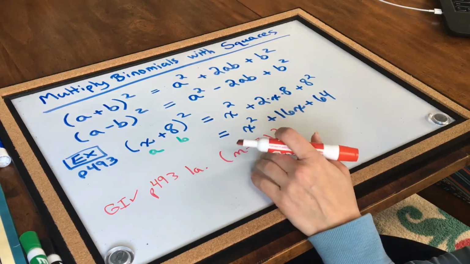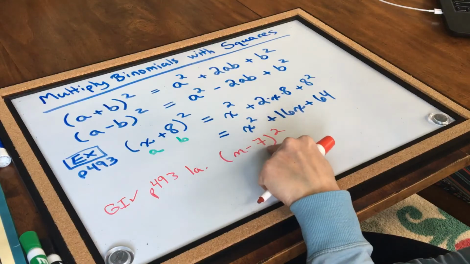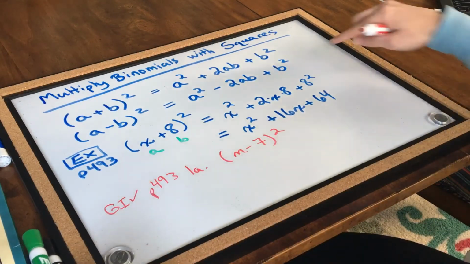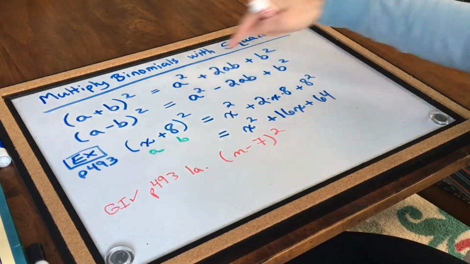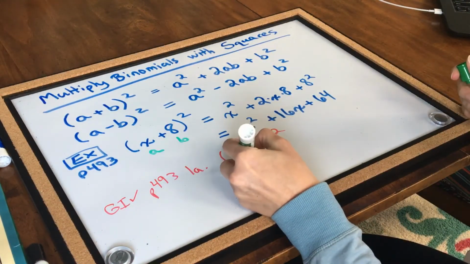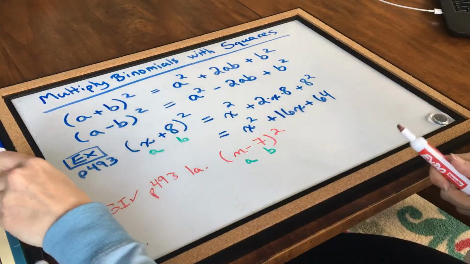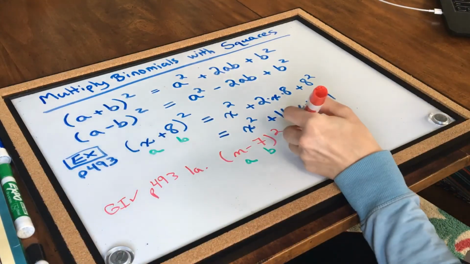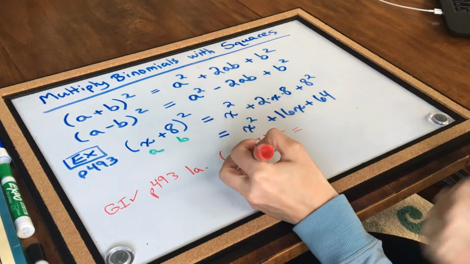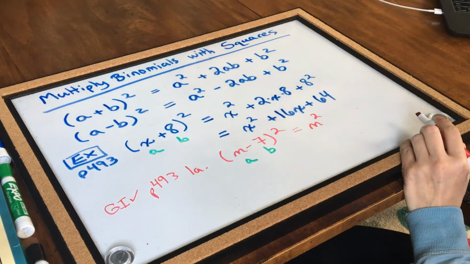All right, let's multiply this one out using our formulas. So this is n minus 7, and that means I'm going to be using this second formula because it's a subtraction. So n is going to be in my a position, and 7 is going to be in my b position. So first of all, a squared, so n is in that position, so I would have n squared.